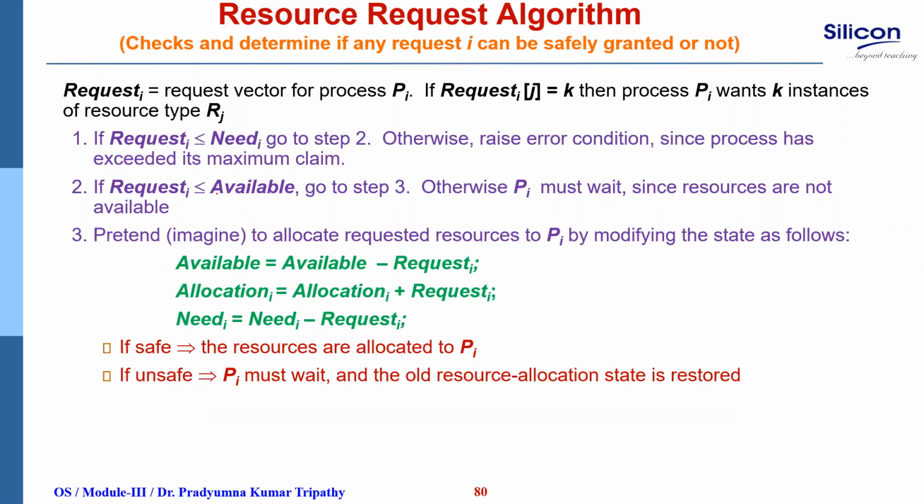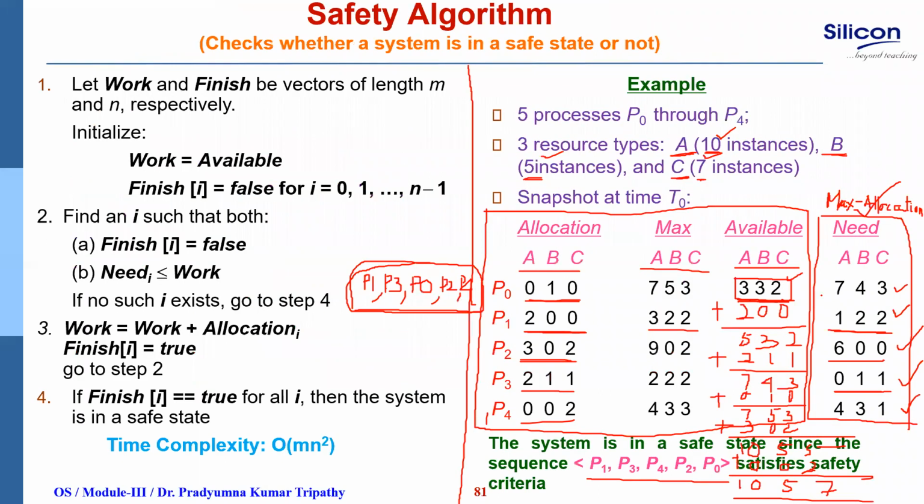Now see, before allocating, we check if request is less than need or not. We are computing this need. Suppose 753 is the maximum, and it has currently allocated 010. So what is its need? Its need is 743. Can the process demand more than its need?